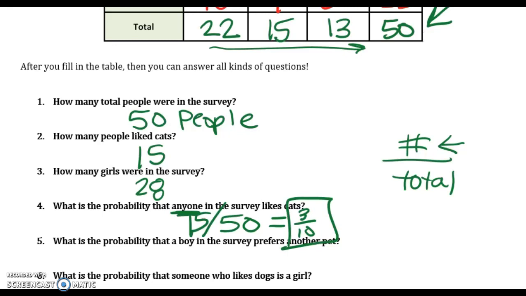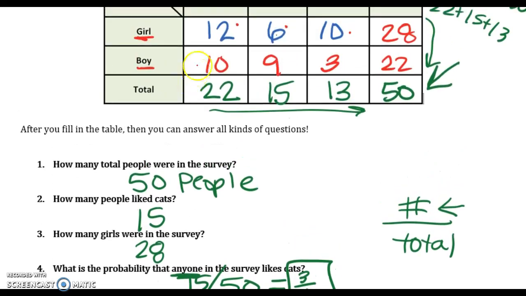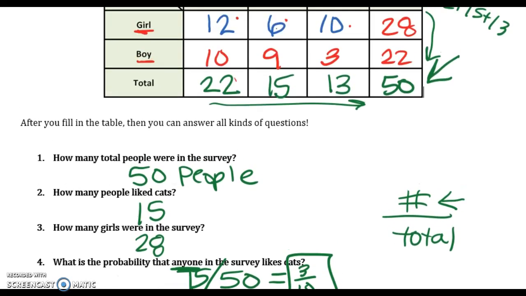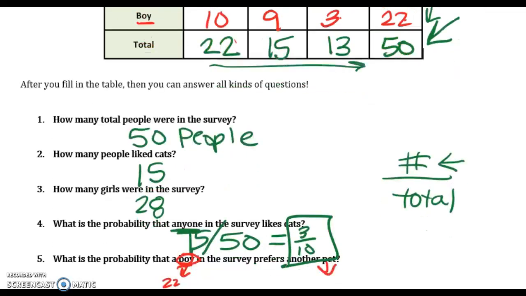What is the probability that a boy in the survey likes another type of pet? So this is reducing what we want. We want the number of boys. So the probability that a boy in the survey, so there are 22 total boys, prefers another pet. So you're really only looking at the boy row. There are 3 boys out of the 22 who like other pets.